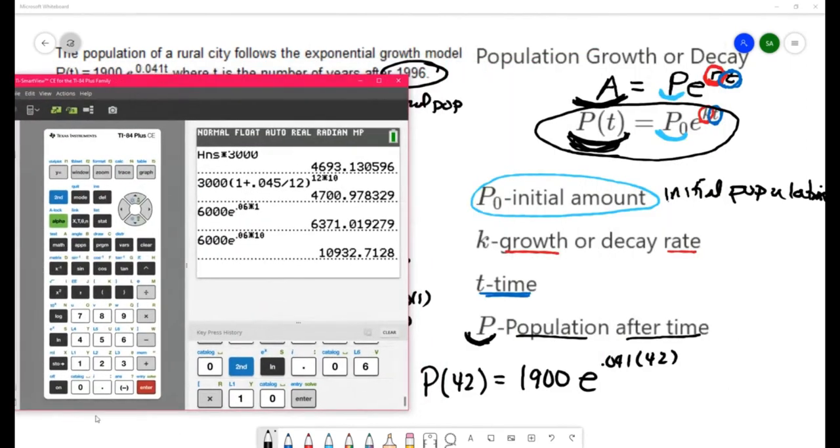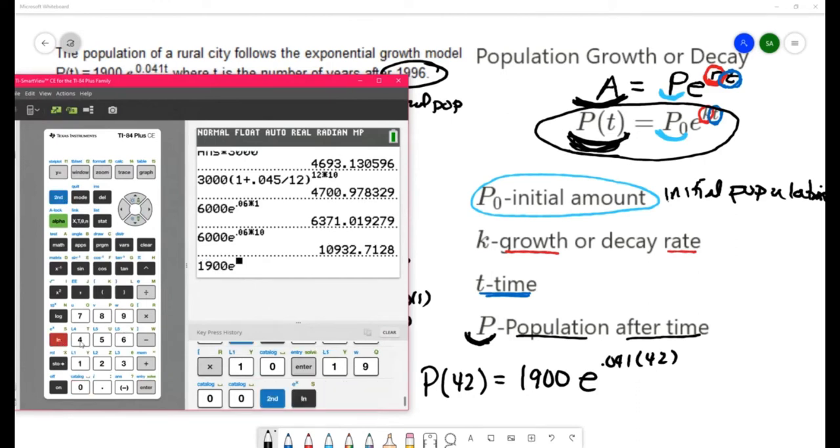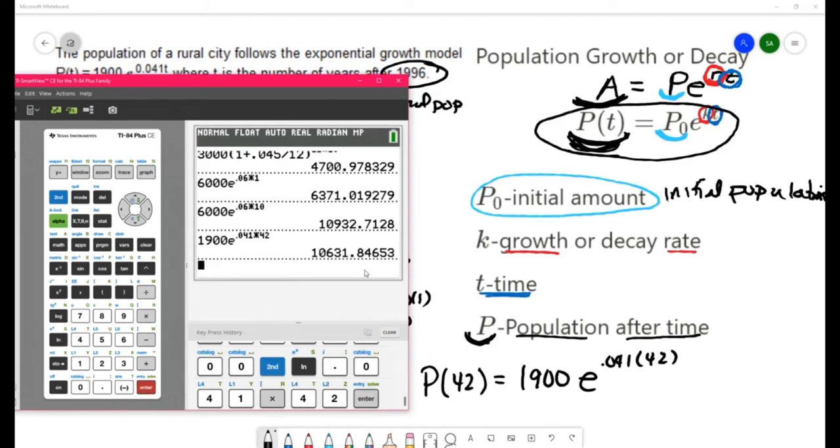So we're going to type 1,900 e to the 0.041 times 42. And after those 42 years, the population has grown from 1,900 to 10,632, if I round.